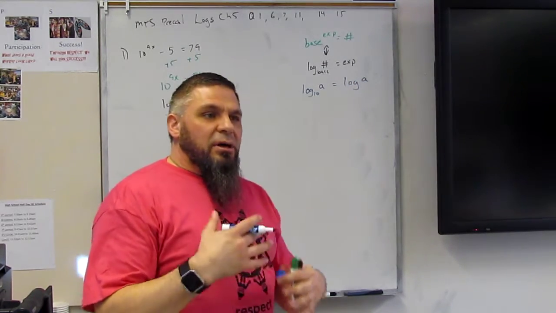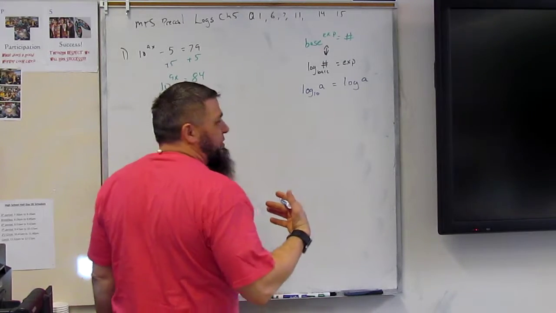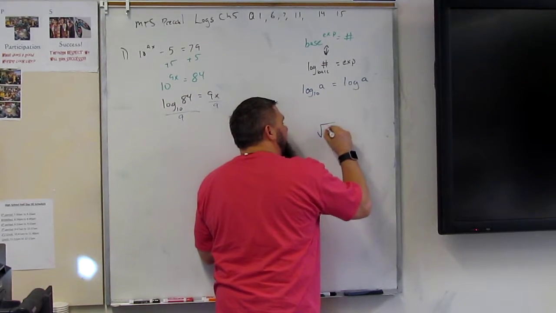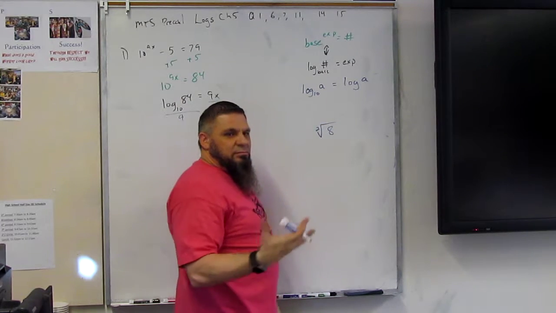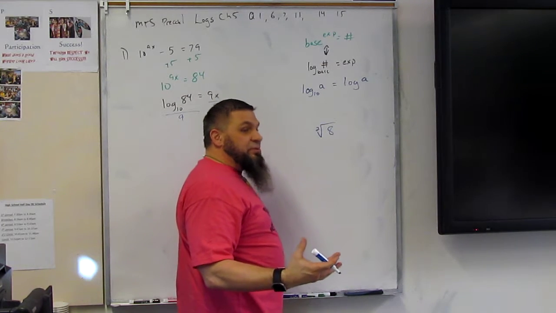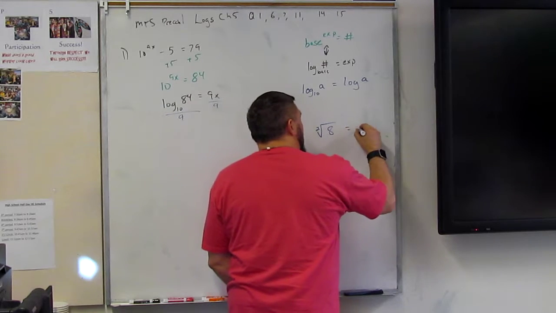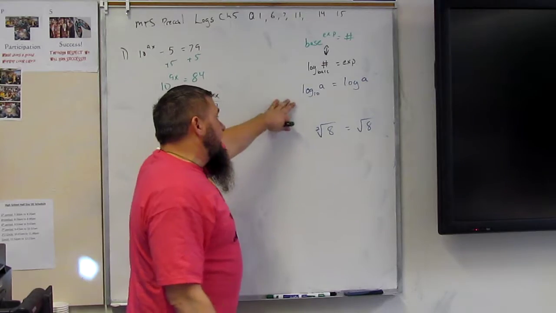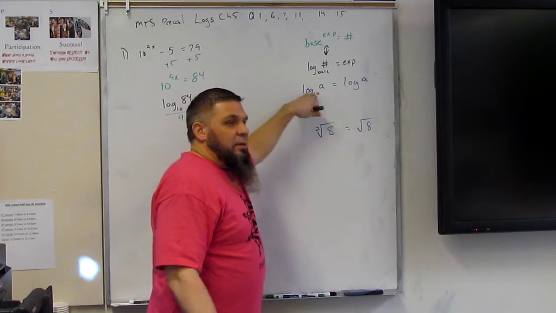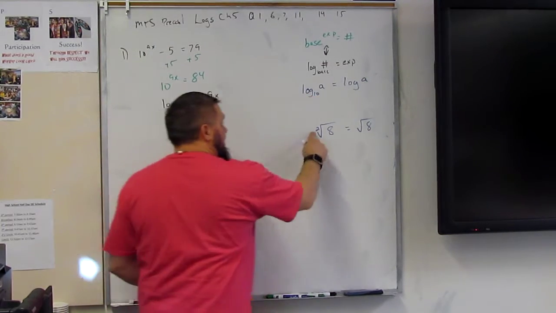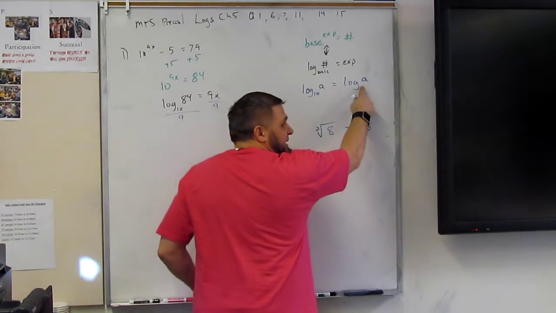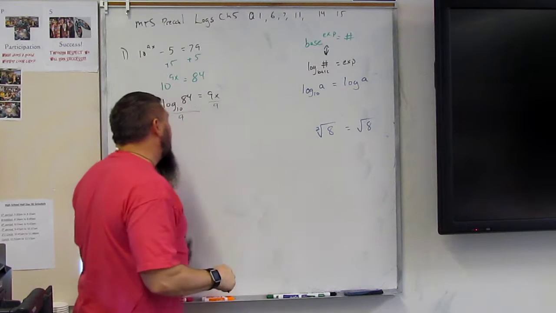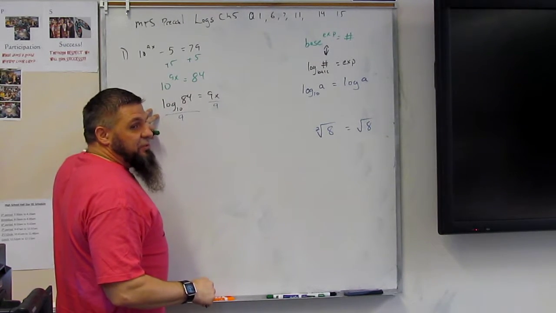That's our base 10 rule. It's a lot like this: if I take the square root of 8, I don't write the square root as the 2 root, I just write it as the square root. It's the same idea. So I don't need to write the 10. And that's the one your calculator uses. Your calculator is going to use this base 10.